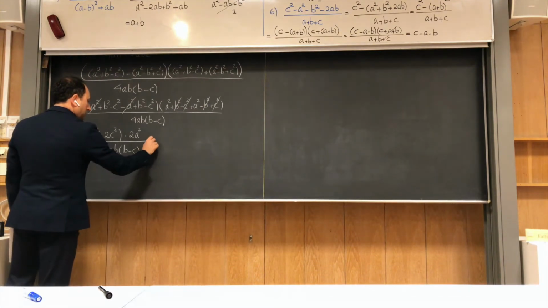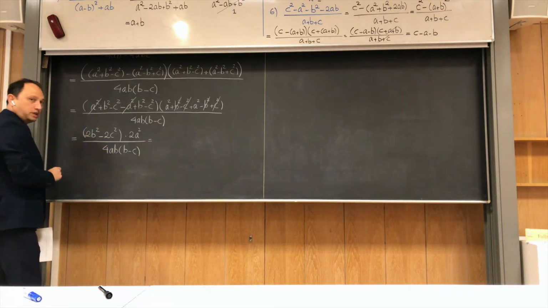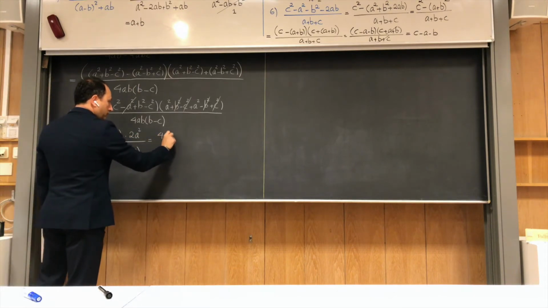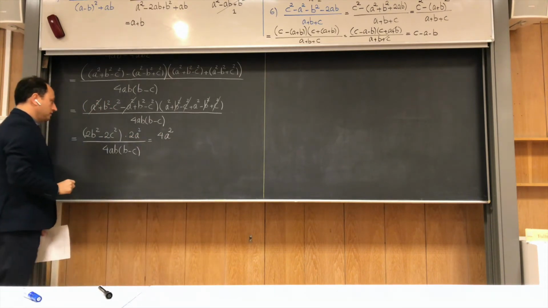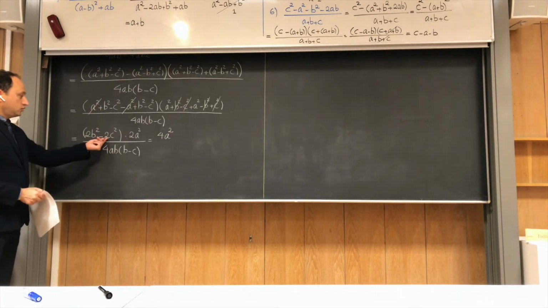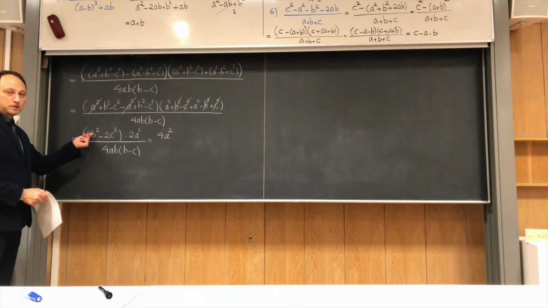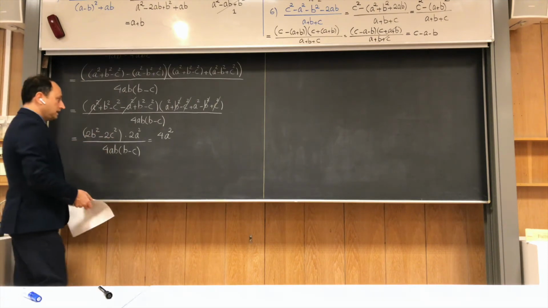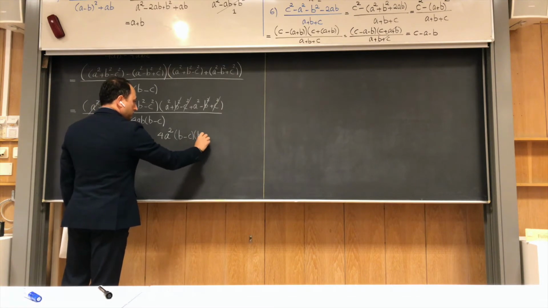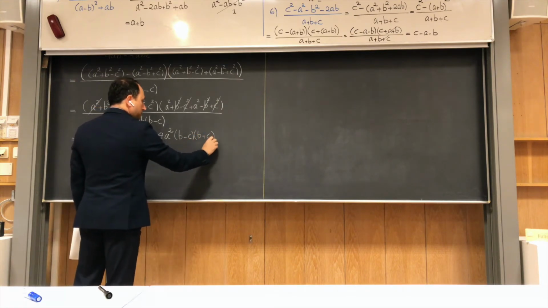But then I can pull a 2 out from here, another 2 here, it becomes 4. And if you don't mind, let me write a squared first. And then it becomes b squared minus c squared after I pull 2 out. But b squared minus c squared can be factorized by the conjugate pattern once more. So it becomes b minus c times b plus c.